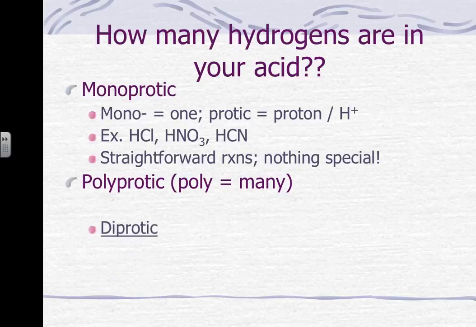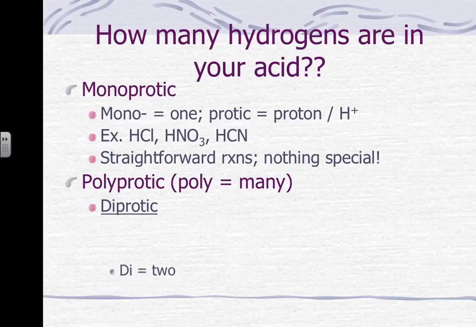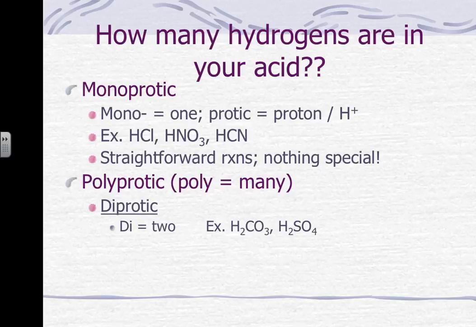So here we go. First, under the polyprotic heading, we have something called diprotic. What do you think di means? Right, it means two. Easy. So diprotic acids have two protons, and examples would include things like carbonic acid, H2CO3, or sulfuric acid, H2SO4.